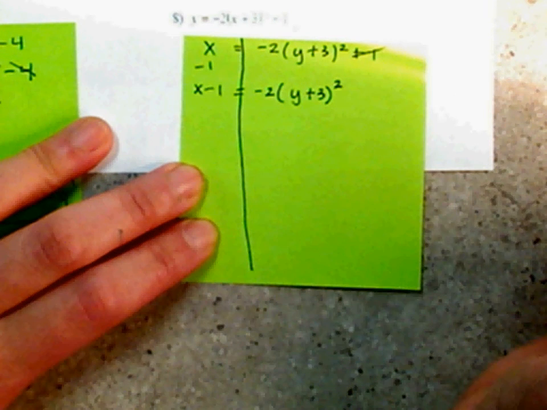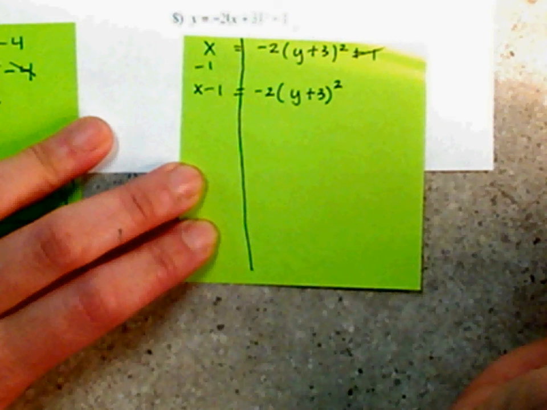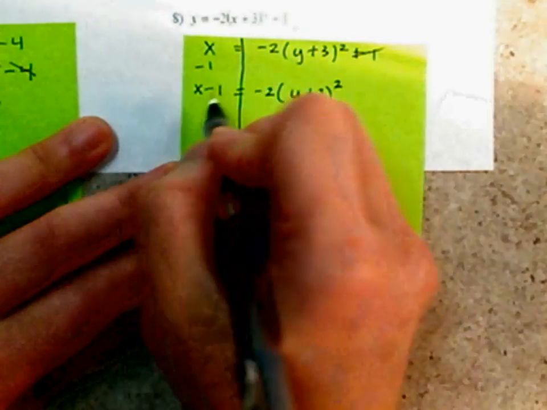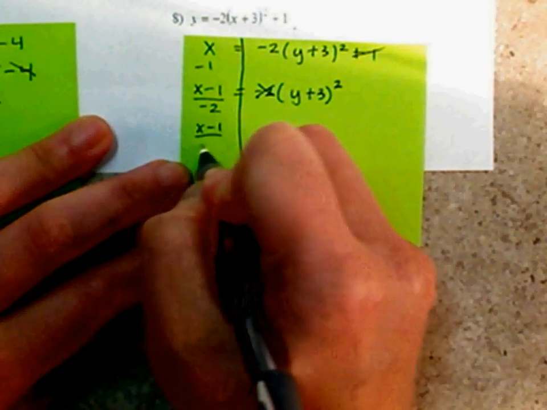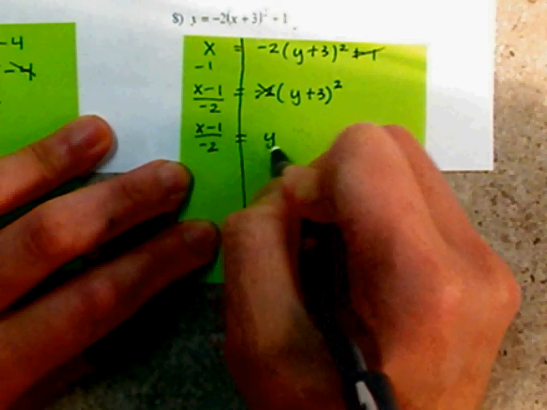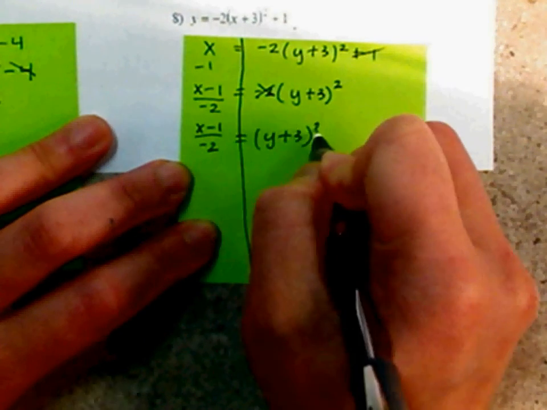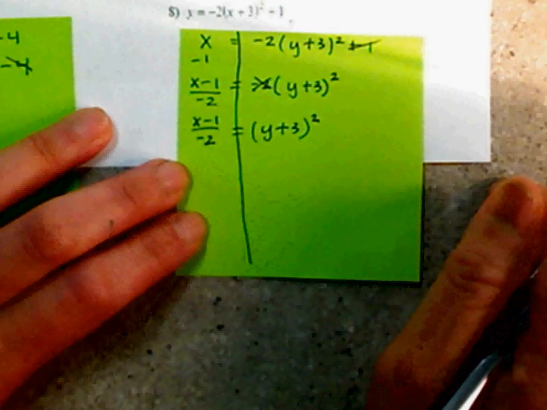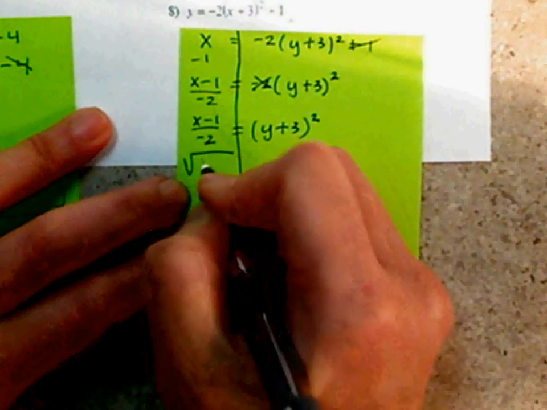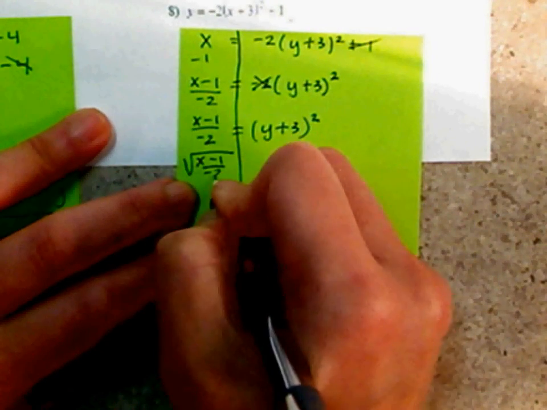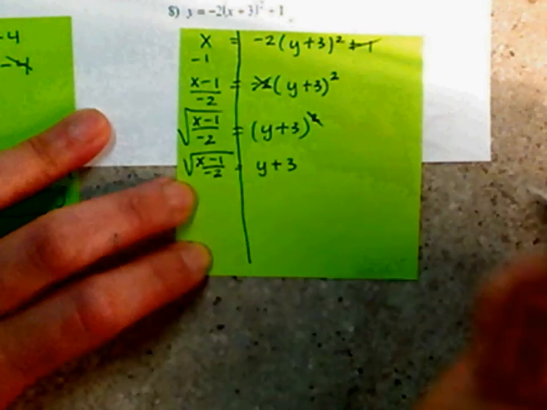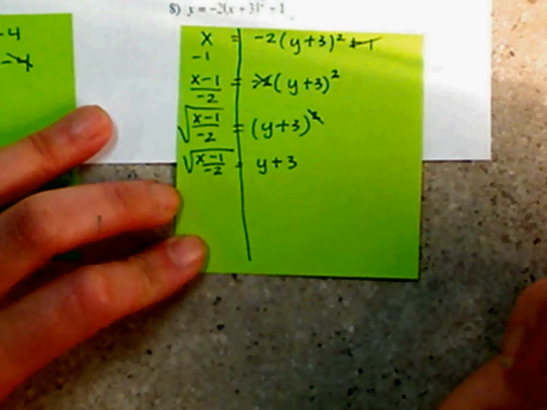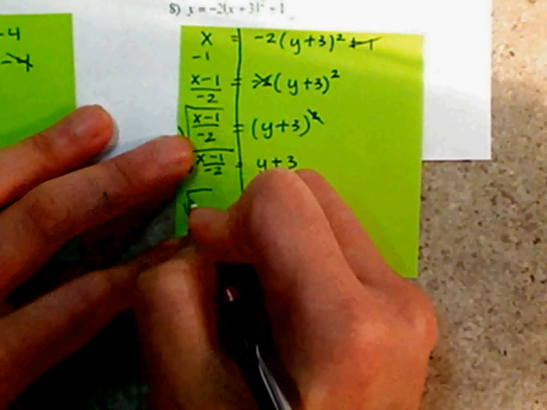Negative 2. Don't forget that's a negative. Okay? So x minus 1 divided by negative 2 is equal to y plus 3 squared. Square root, good. So the square root of x minus 1 divided by negative 2 is equal to y plus 3. Here, I'll do that to mark that off. Minus 3. Square root of x minus 1 divided by negative 2 minus 3 is equal to y. Negative 1.